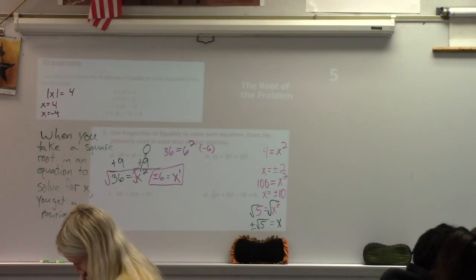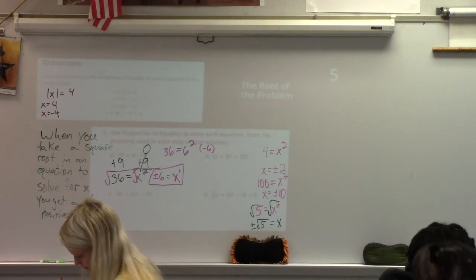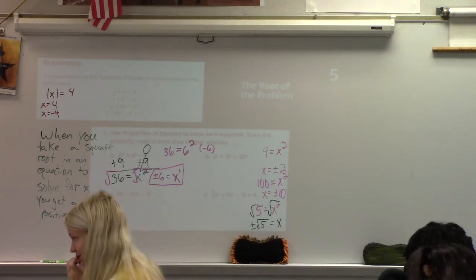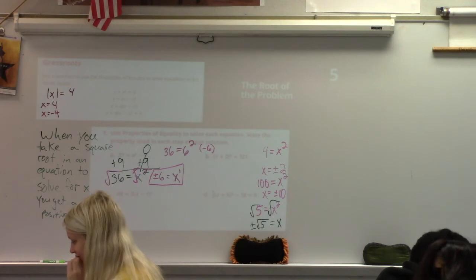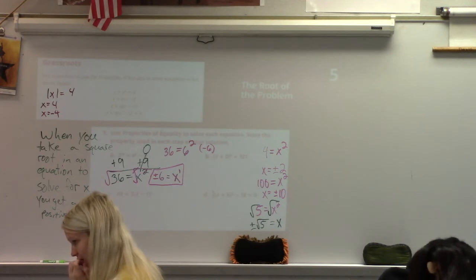Focus on using your inverses. 6x squared, so there's 2 x's.